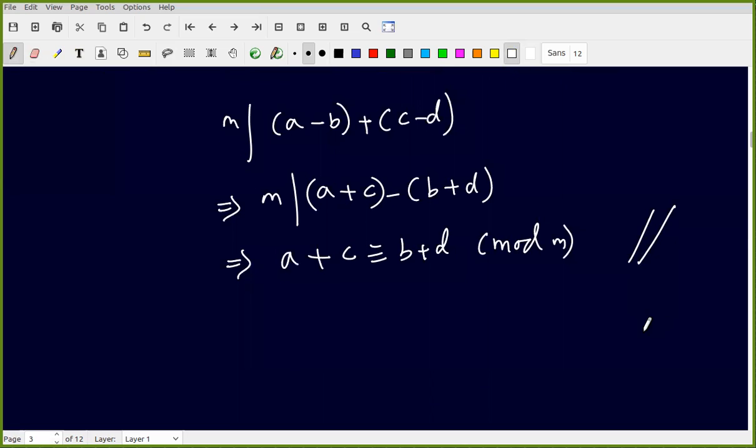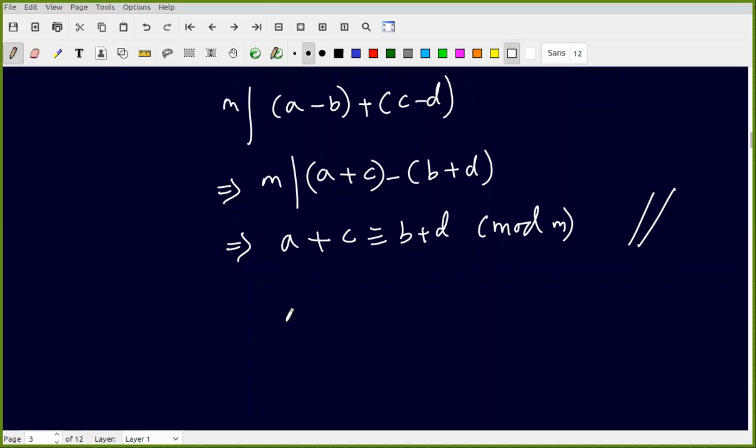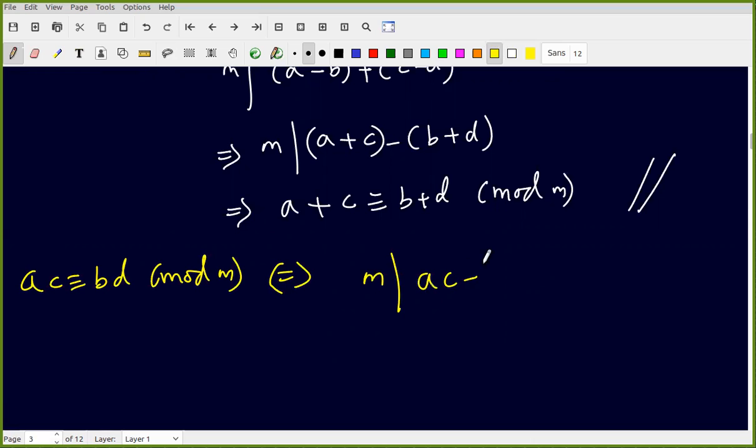For the second part, we use some tricky things. What we have to prove is the following: AC congruent to BD modulo M. Instead of proving that directly, we can say M divides AC minus BD.